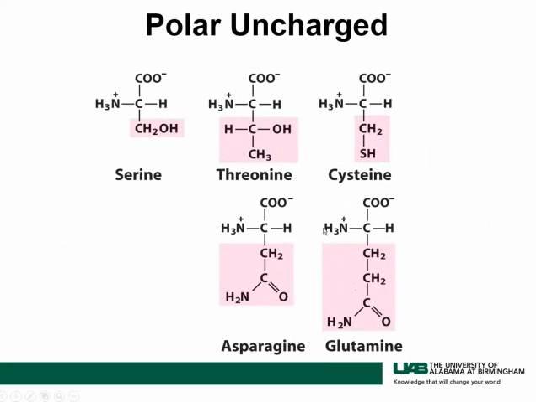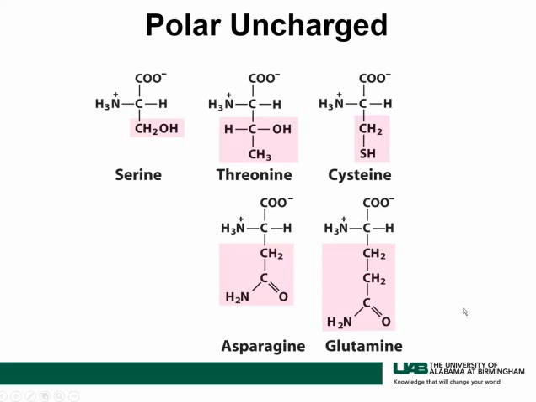Polar uncharged. These are polar. Anytime that you tag an electron-rich atom such as oxygen or nitrogen or sulfur right here onto the R group, you make that R group environment polar. So here we have OH, make it polar, SH, make it polar, and then of course this is oxygen, nitrogen, polar, oxygen, and nitrogen, polar.